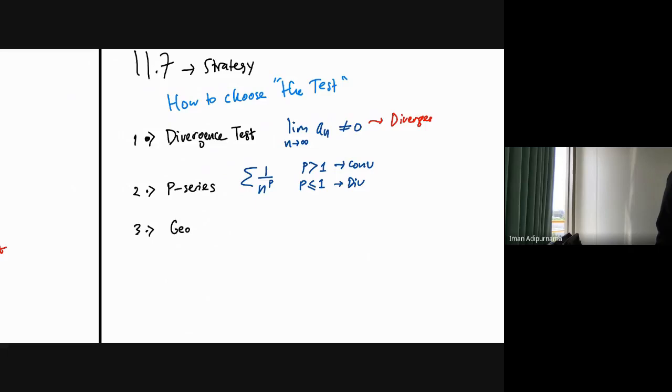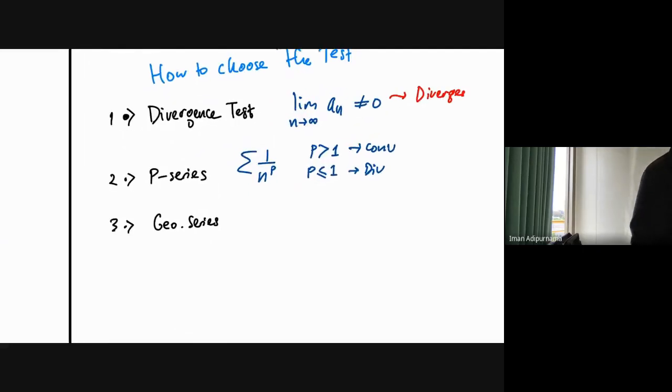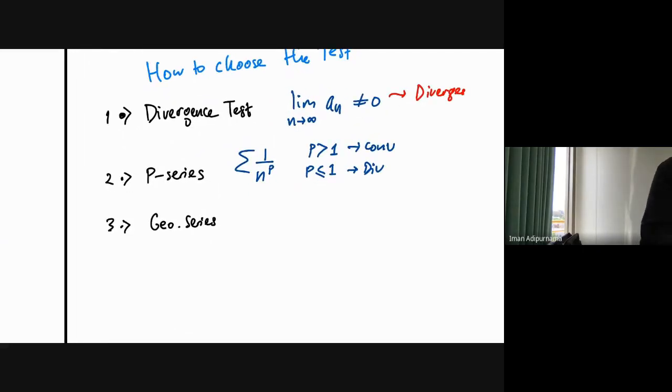And third, if you can see the geometric series. So this is just a reference. In several cases, you need to think faster to decide which method you need to use.